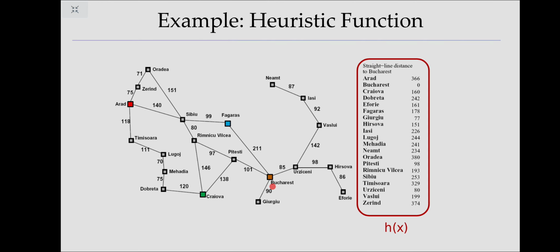If your problem changed to finding a path between Arad and Vaslui, for example, this heuristic is not useful, and you should define some new straight line between Vaslui and other nodes and evaluate the distance over the straight line.